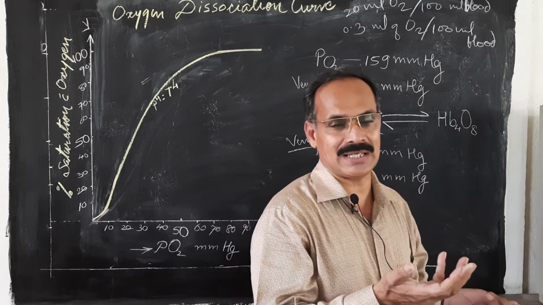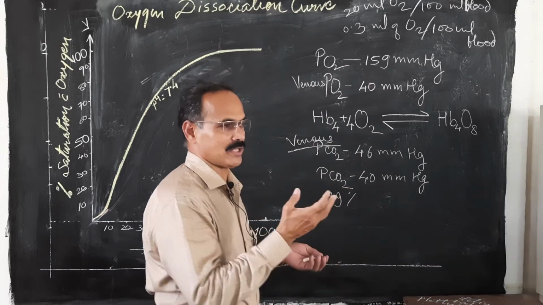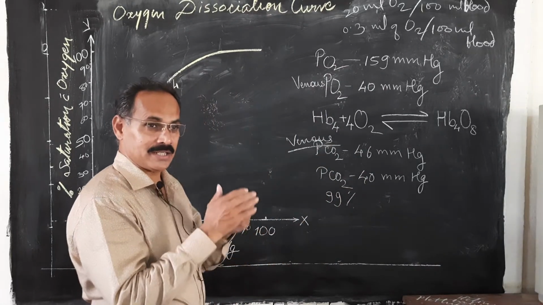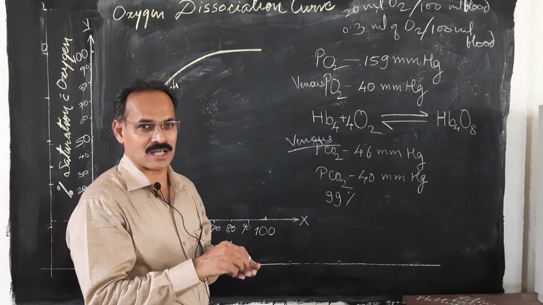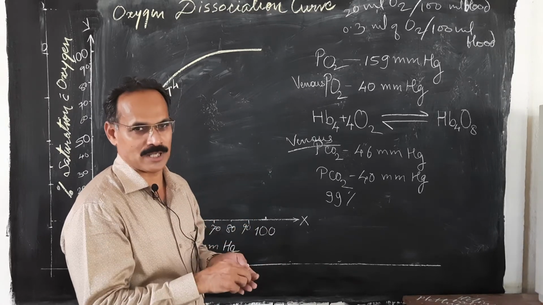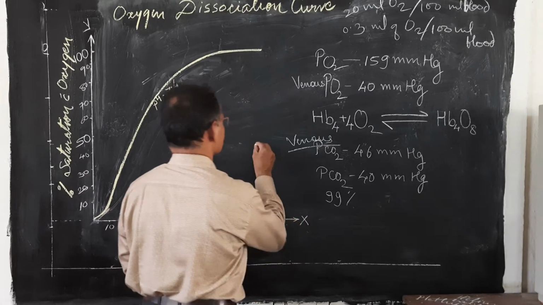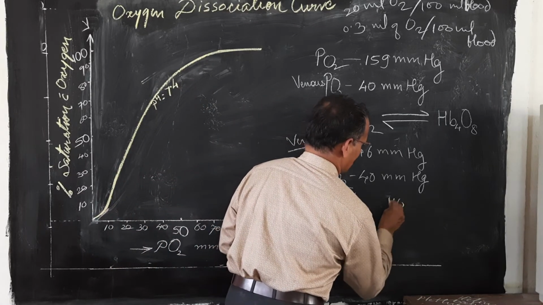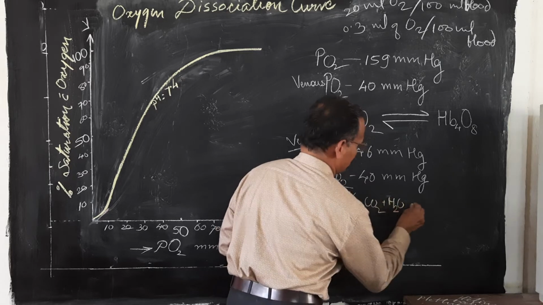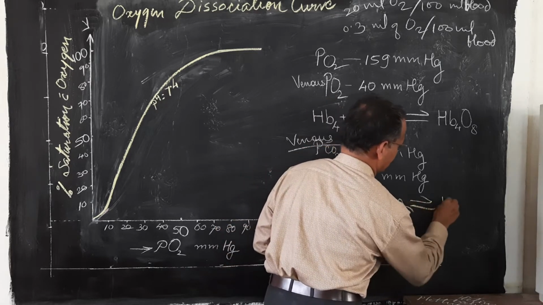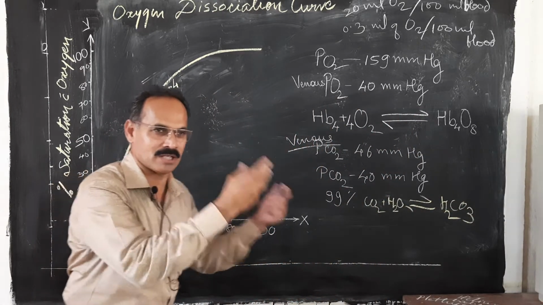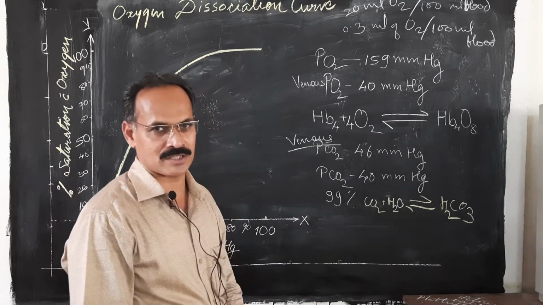That CO2 is the byproduct of those reactions, and it dissolves in the solution present around the cells or in the protoplasm. When CO2 dissolves with H2O, it forms carbonic acid, H2CO3. That H2CO3 is responsible for releasing H+ ions into the solution.